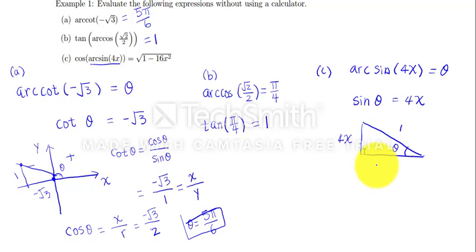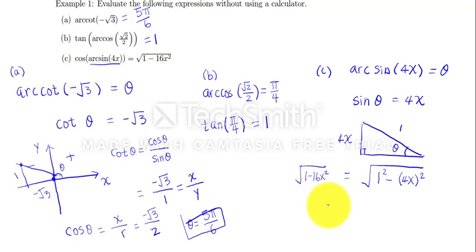The adjacent side is going to be the square root of the hypotenuse, 1 squared, minus the other side, 4x quantity squared, and that is square root of 1 minus 16x squared.